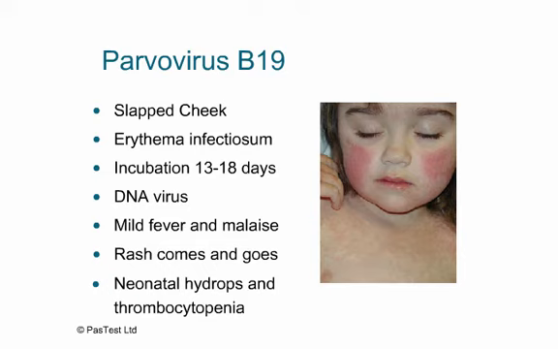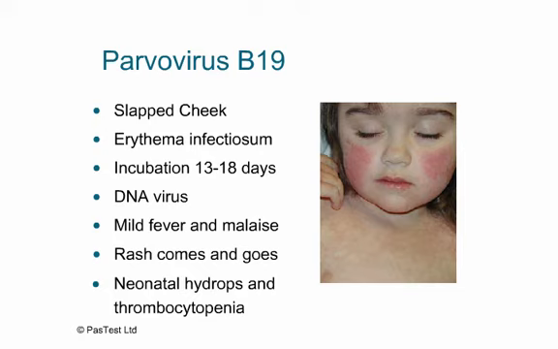We have talked a little bit about congenital parvovirus B19 causing neonatal hydrops and thrombocytopenia. There's a 50% transmission rate during primary infection of mothers, and this infection can be monitored if there's a possibility of the mother having had parvovirus by measuring serial IgM measurements in the mother.